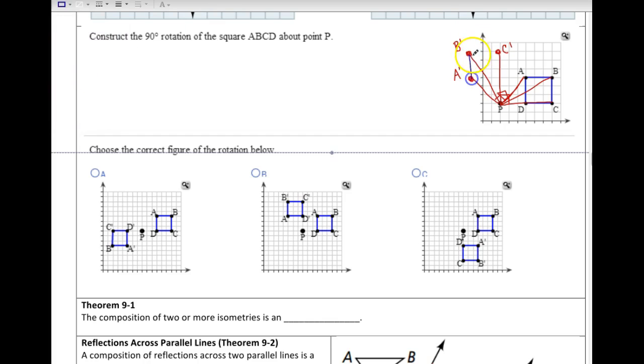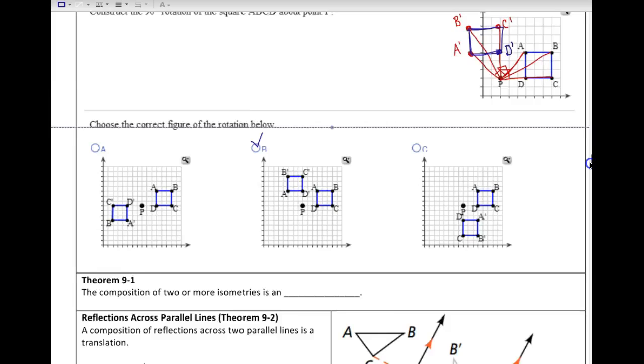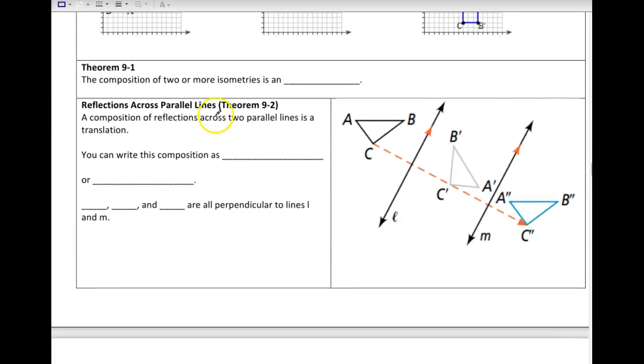You can kind of see from these three points where D prime is going to be, because it has to maintain the same shape. So here's my figure. Looks like it's going to be this one here. Okay? All right.